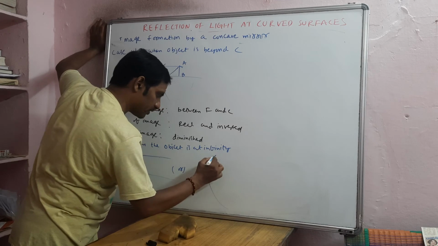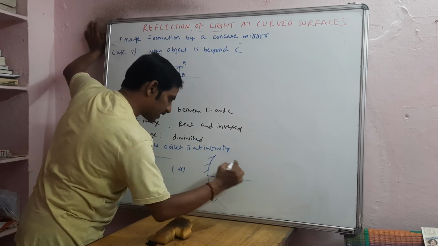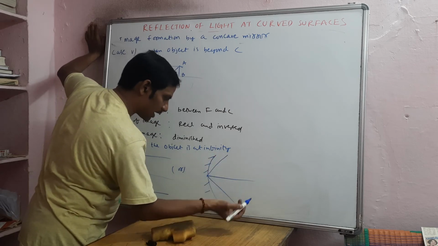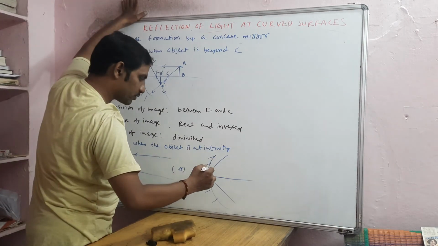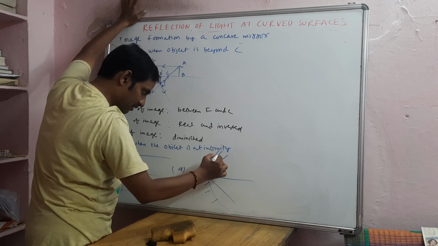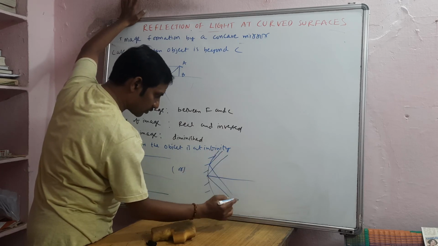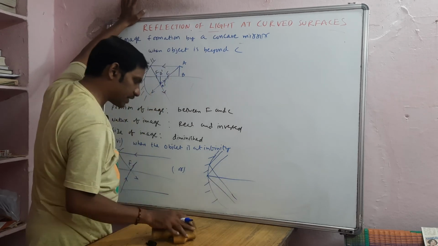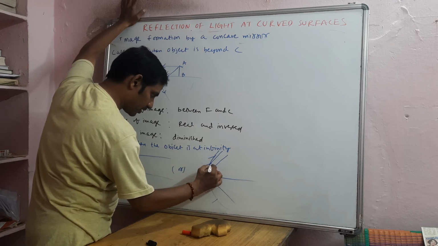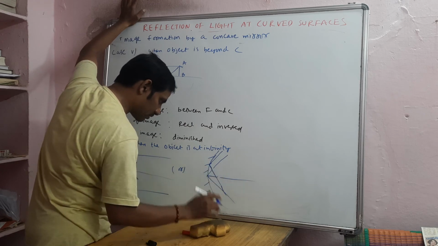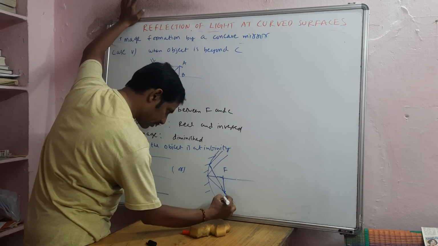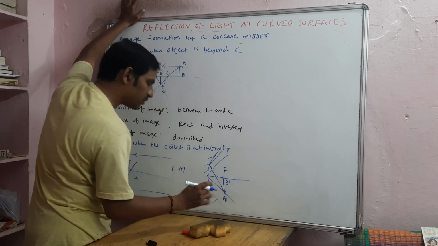Or you can draw the ray diagram for the object at infinity like this also. Take the concave mirror and take a light ray like this, the fourth rule, and a light ray coming parallel to this light ray, like from an infinity object. Another light ray will also go like this, but these two will meet at a point here, and this point is nothing but F. You can say the image is diminished here.